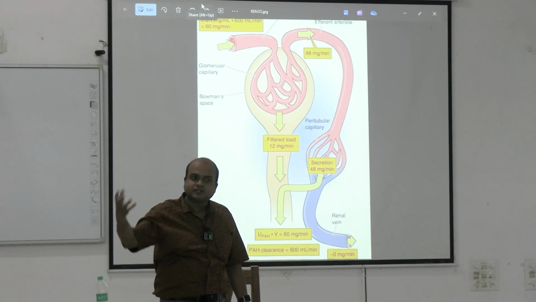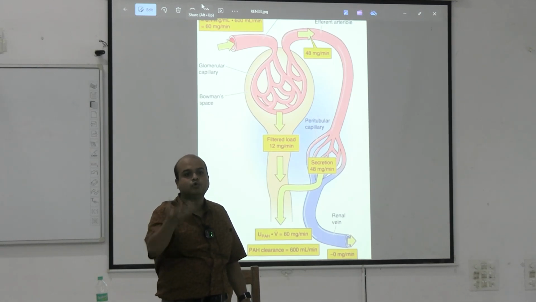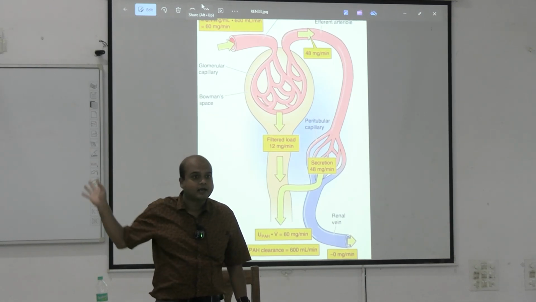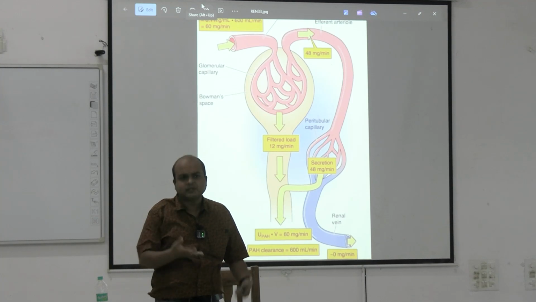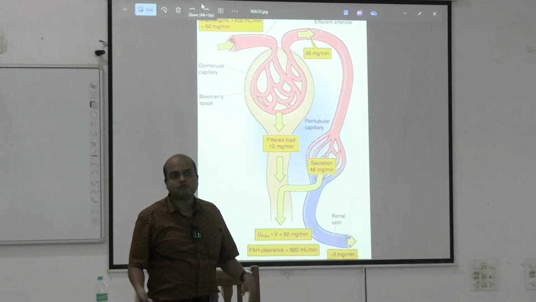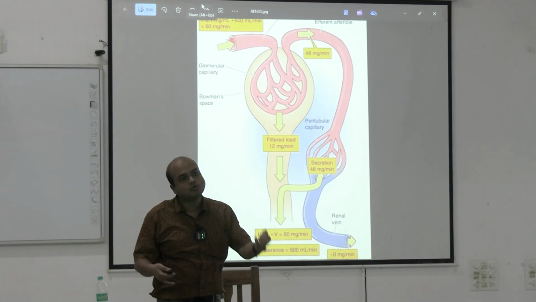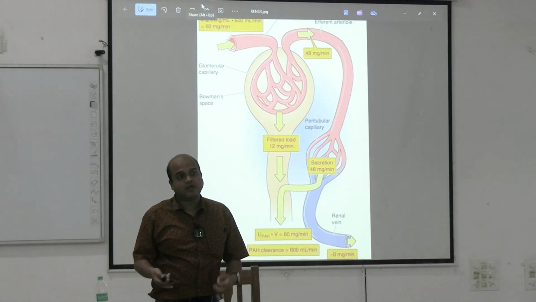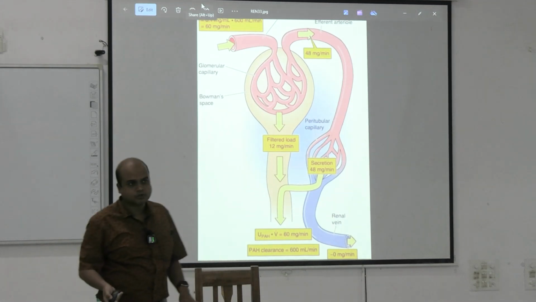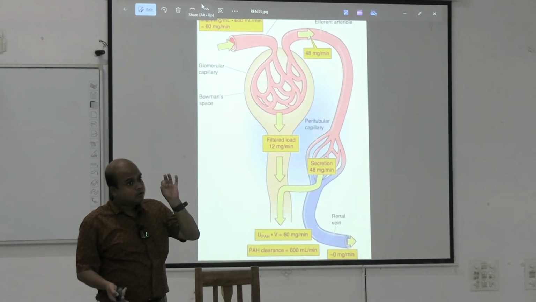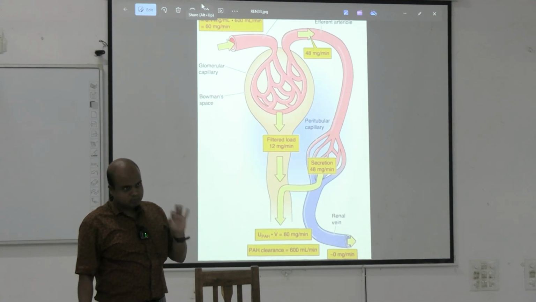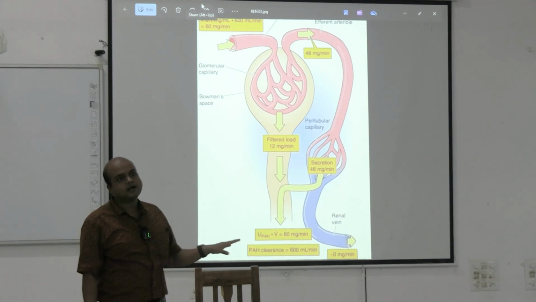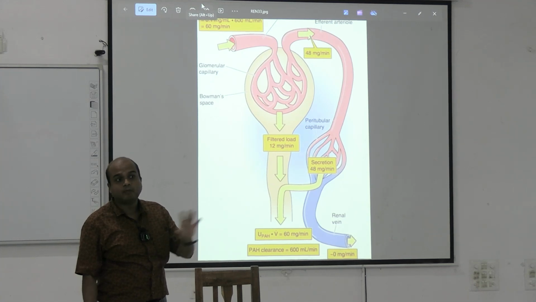Then instead of 10%, maybe 30%, 40% will go into the renal veins. Then the calculation again becomes difficult. That means it does not follow the law of mass conservation. So it is difficult to take a sample from the renal vein itself and calculate. So we should inject measured amounts of PAH. Experimentally, we have decided how much PAH to inject; it should not cross a certain limit.